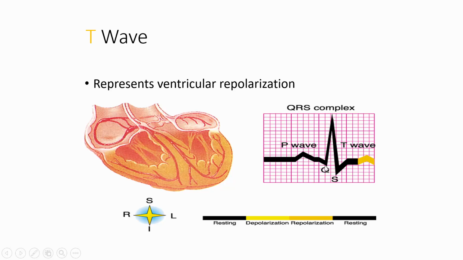And so here is your Q. It comes to baseline, and this is your R. Okay, when it goes below baseline, you're at your S, and then when it comes back over here, we're looking to where it goes back to baseline, and then your first positive deflection following that, where it starts coming up again, this right here is your T wave. Okay, so guys, all of this right here, this is the cardiac cycle.